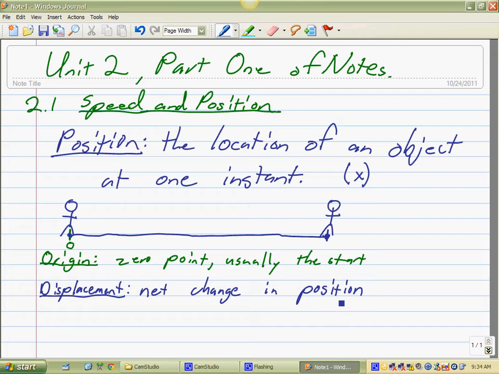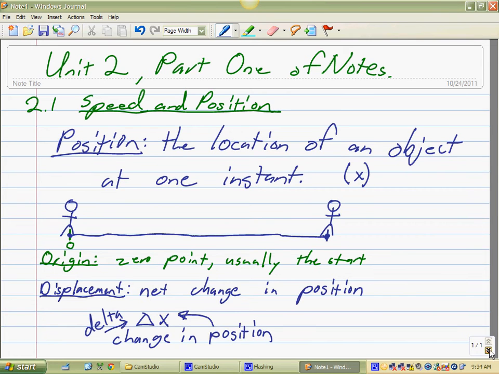And our change in position, we write delta X. So that's a delta, and delta means change in, and then our X means position. So when we say displacement, we write delta X, change in position.